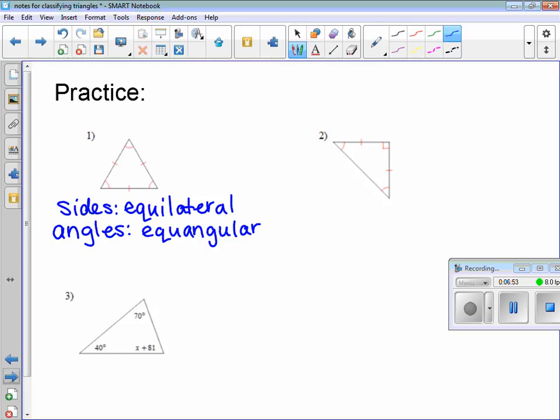Number 2, we only have 2 sides marked congruent. So classifying by sides, when you have 2 sides that are the same, it is isosceles. Then we have one angle here that's marked as 90 degrees. When you have an angle marked as 90 degrees, when you classify it by angles, you can call it a right triangle.